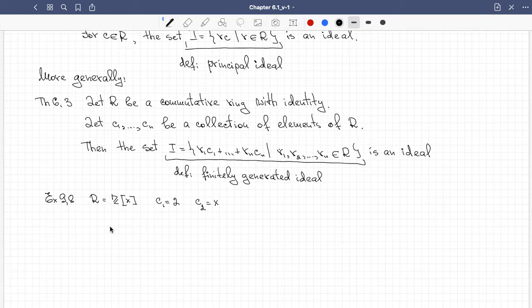The ideal which we want to consider is the one finitely generated by these two elements.